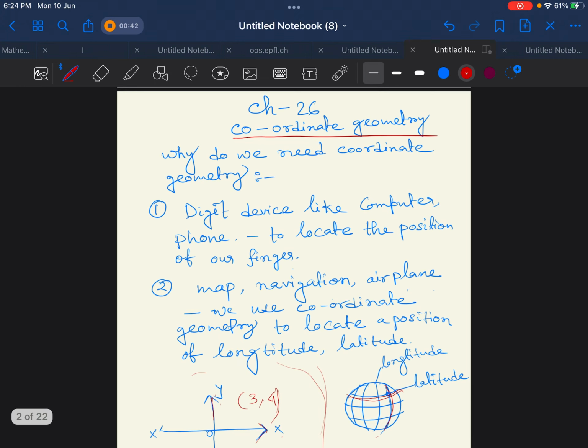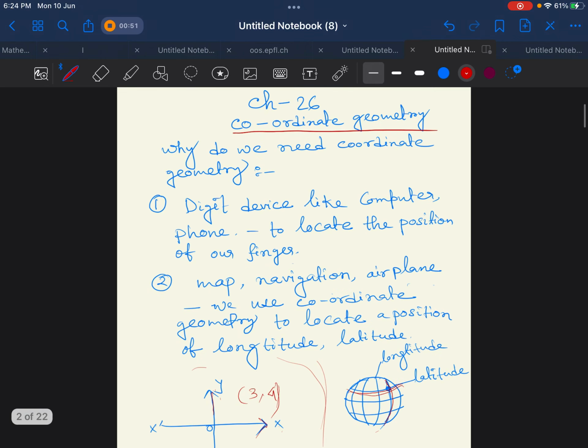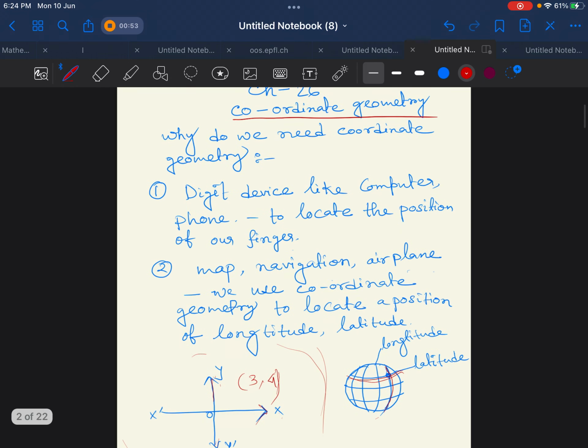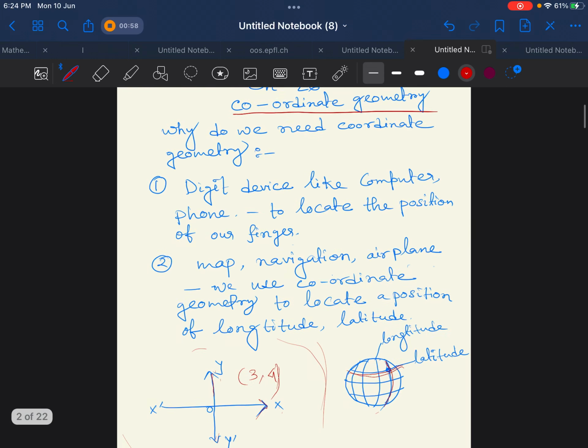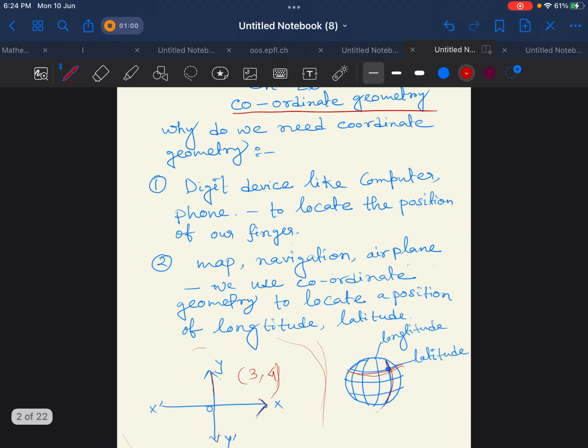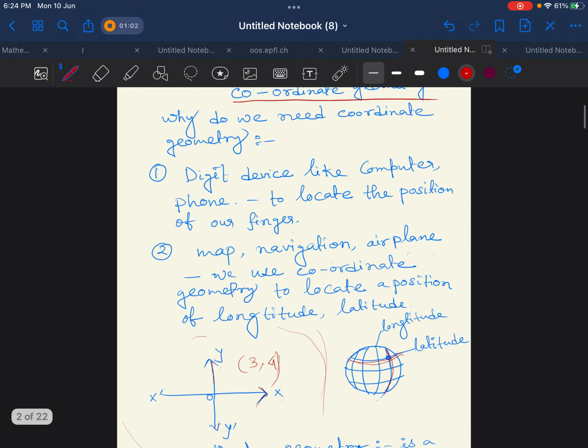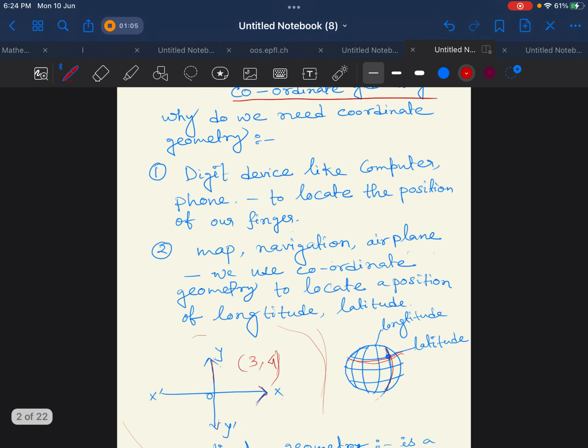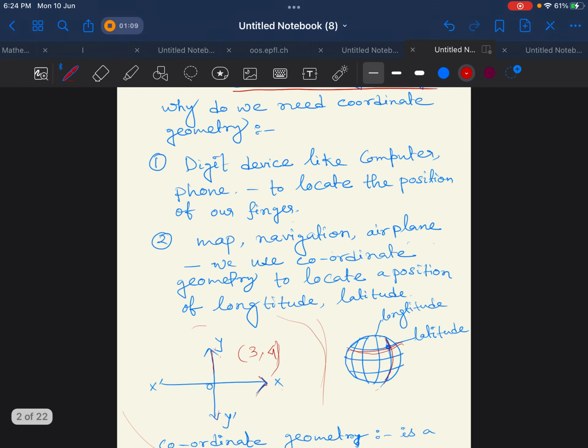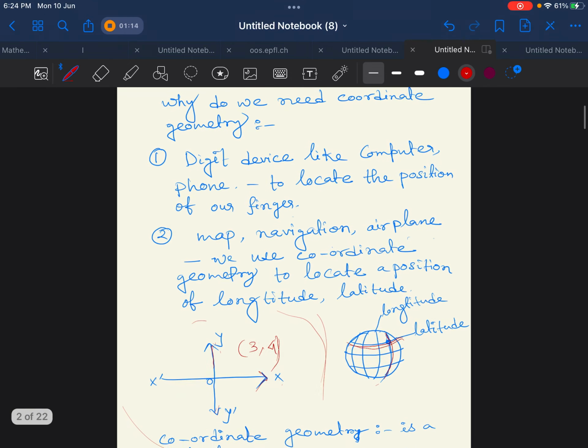Okay, so first we have to know why we should read this chapter. Why should we read coordinate geometry? First we have to understand, so why do we need coordinate geometry? Let's take some examples to understand.